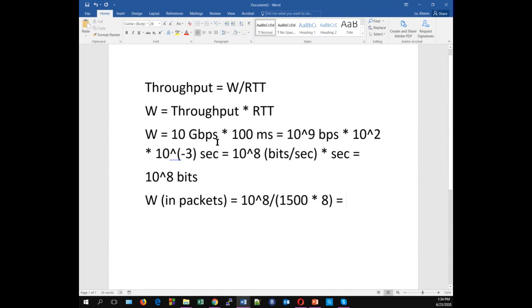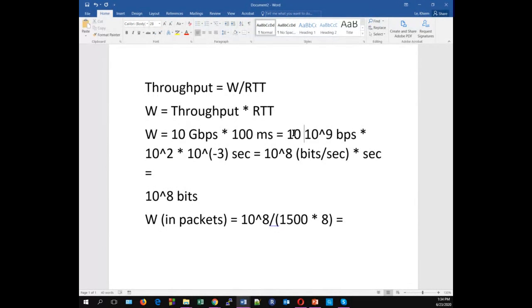Okay, 10 gigabits per second throughput, 100 millisecond round trip time. Oh, sorry. Yes, oh, sorry, I understand your chat now. I had trouble deciphering it. So there is 10 gigabits, not 1 gigabit. So this is 10 to the power of 9. Thank you. Sorry. Okay, so 10 to the power of 9. So if I use my calculator, what I get is 83.